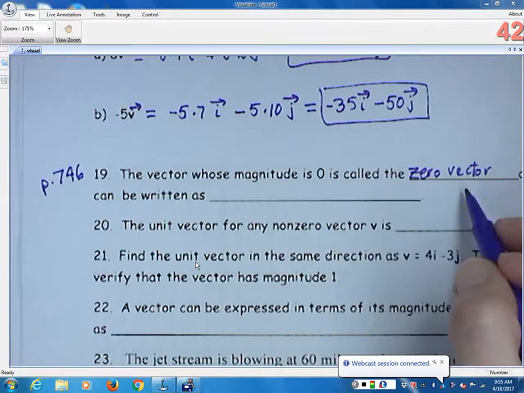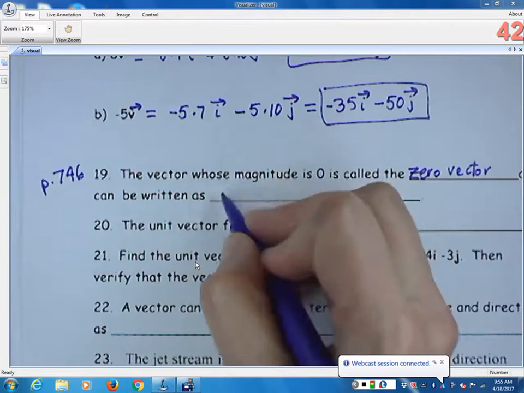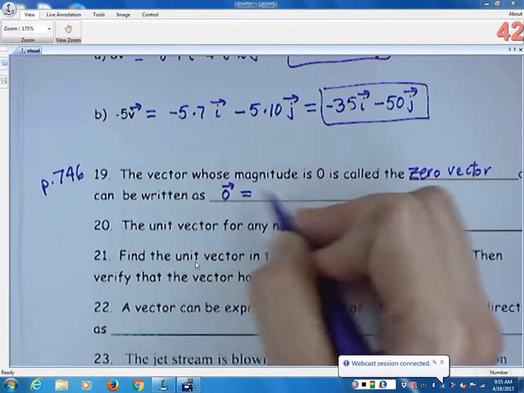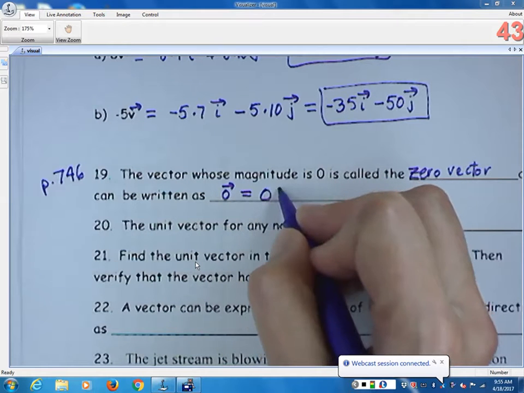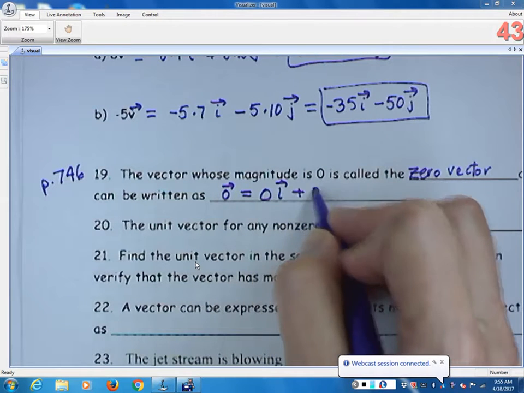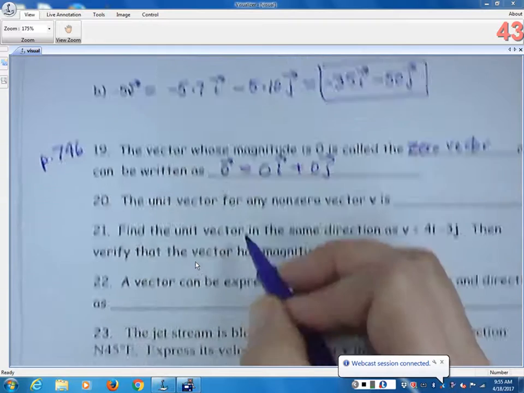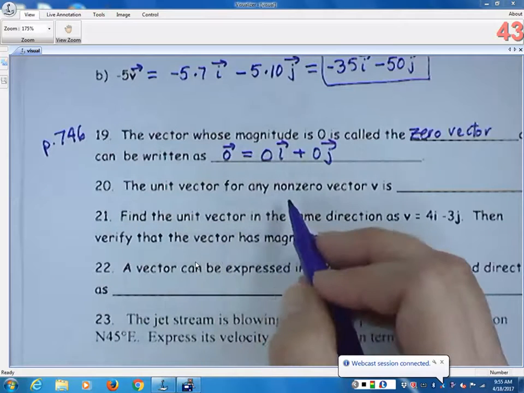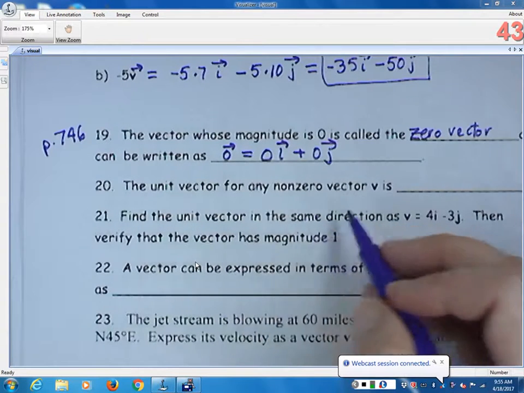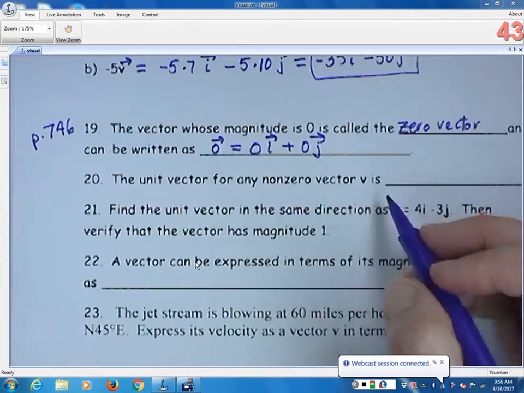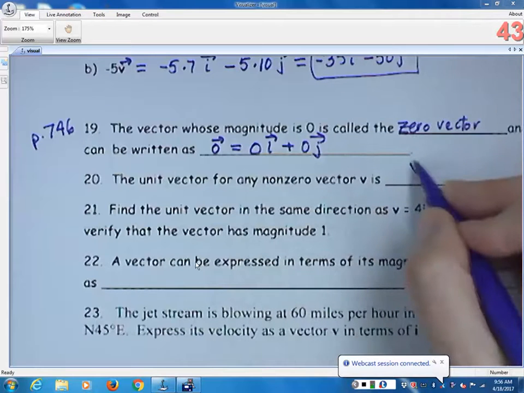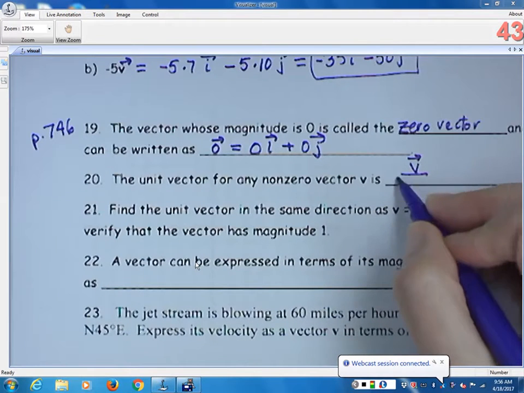It's called the zero vector and can be written as 0, and you can write it as 0 times I plus 0 times J. The unit vector for any non-zero vector V is V divided by its magnitude.